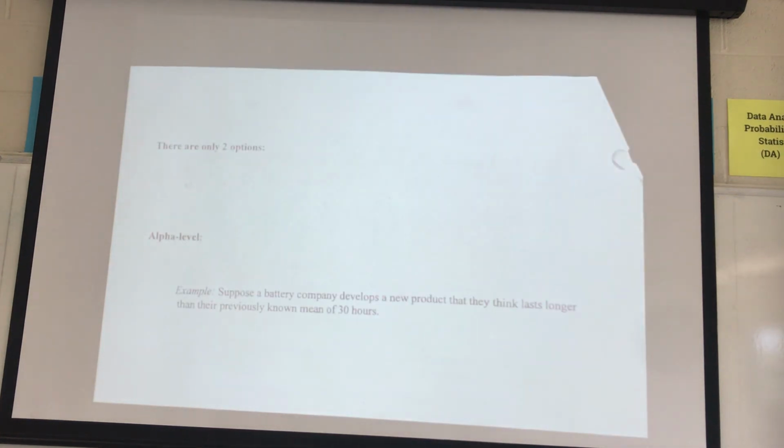Okay, this is important. There's only two options here. Once you get a p-value and you look at it, there's only two things that you can say for your conclusion in context of the problem.